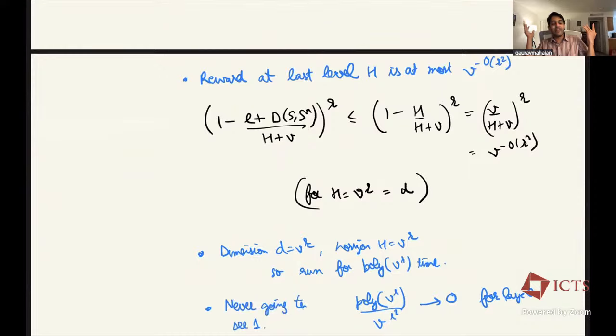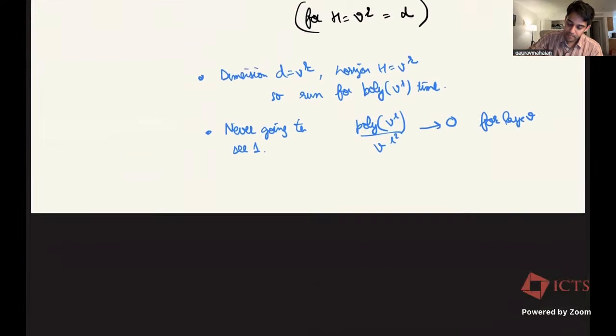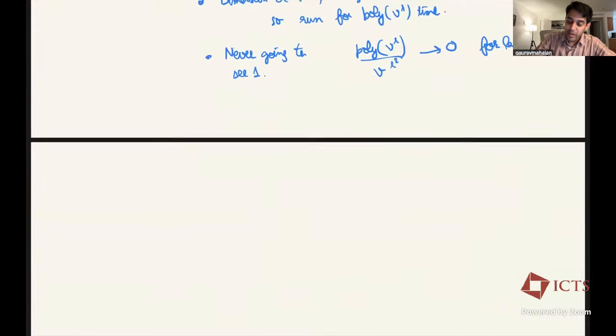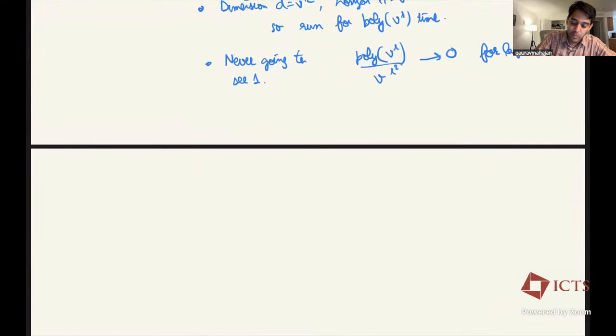So 3/4 of the time, you're never going to see 1. That means that even if we replace the reward function with an all-zeros reward, the same algorithm is going to work. So you can use that to solve the problem. So that's the construction.